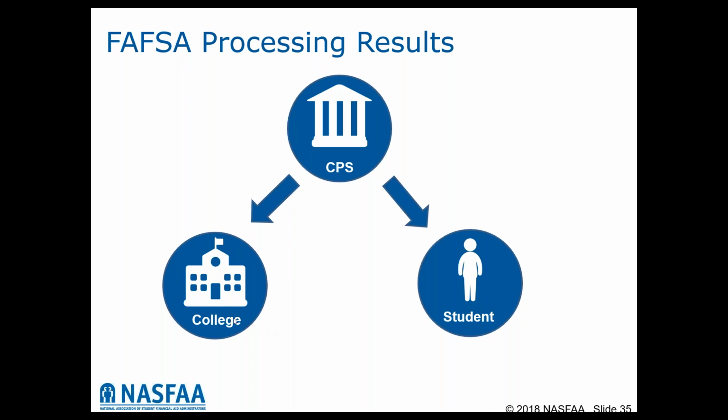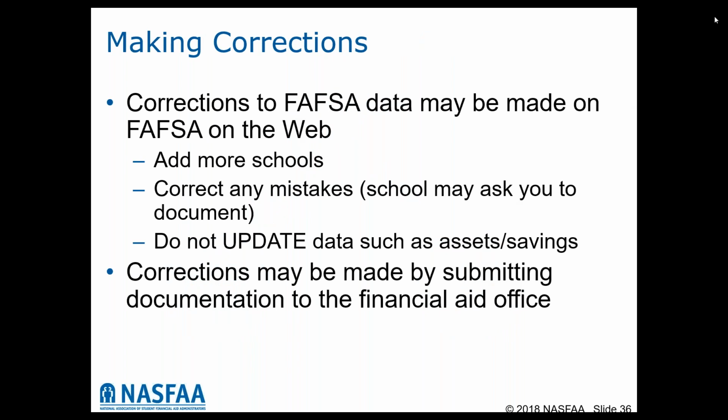Now it will be processed and sent to all of the colleges and universities that were listed in the school selection setup section. Again, if you find that you made a mistake or you need to add more schools, you can log back into the FAFSA form and add additional schools.